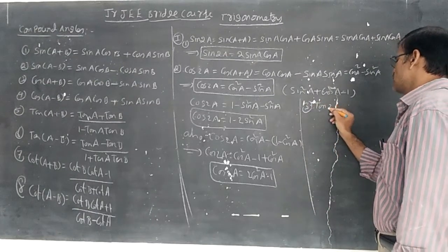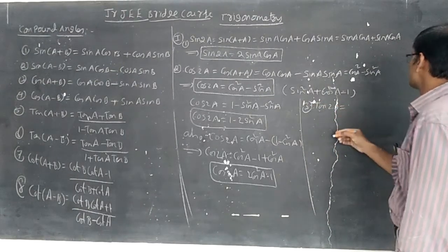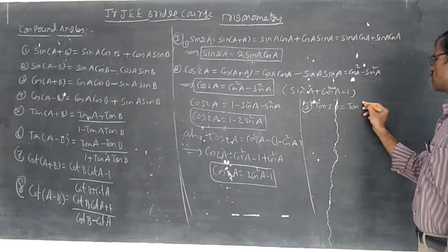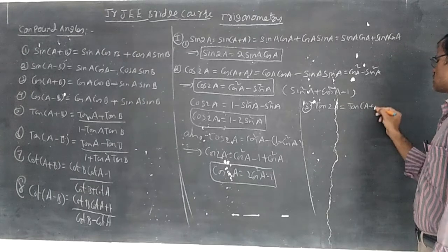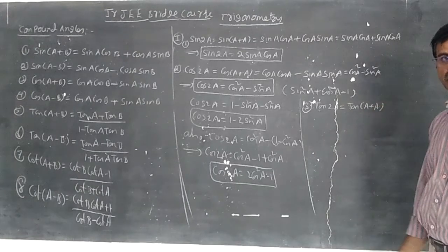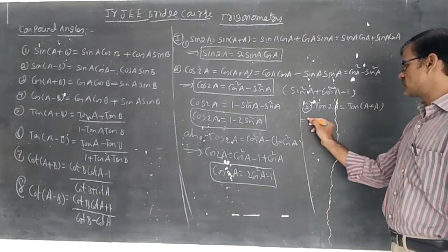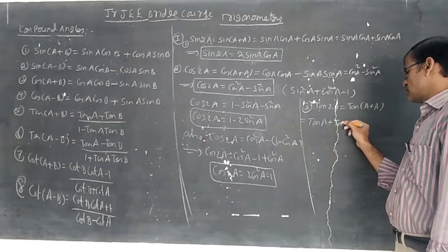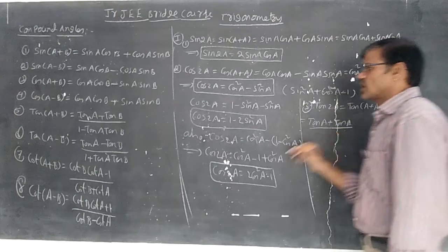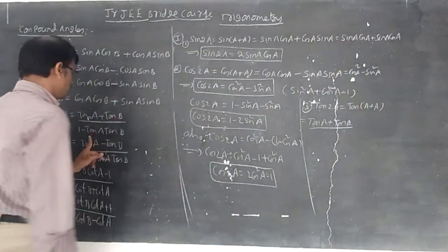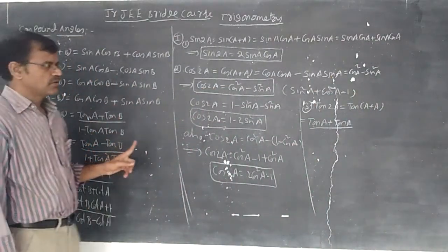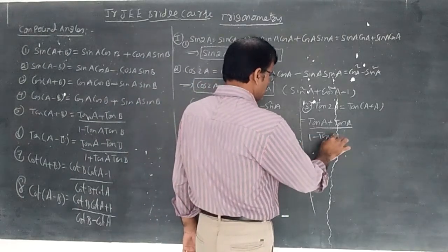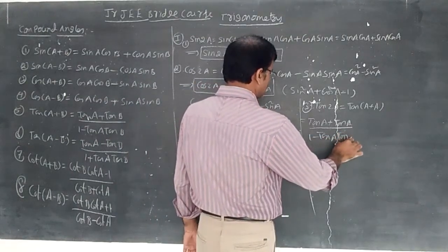Tan 2a. Using the tan of a plus b concept, you can write tan 2a as tan of a plus a. This is of the form tan of a plus b is equal to tan a plus tan b by 1 minus tan a tan b. So tan a plus tan a by 1 minus tan a into tan a.